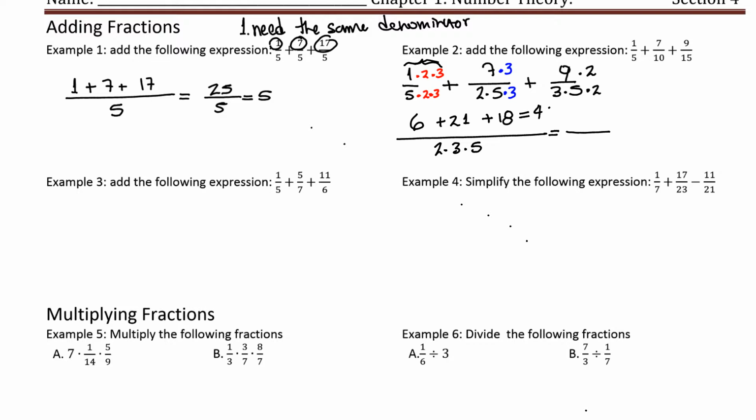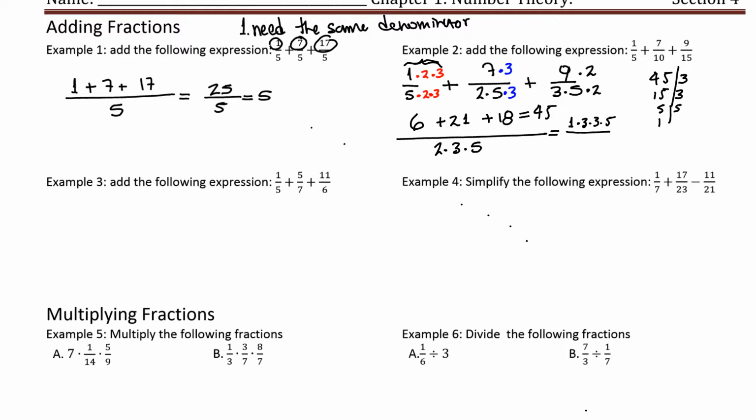Now the reason why I didn't put it all the way over here with my fraction is because I also want to break apart 45 and see if we can actually cancel out some numbers. Okay, so 45 can be broken apart into, let's do it over here. It's not divisible by 2, it is divisible by 3, and it is divisible by 5. So it can be broken apart into 1 times 3 times 3 times 5.